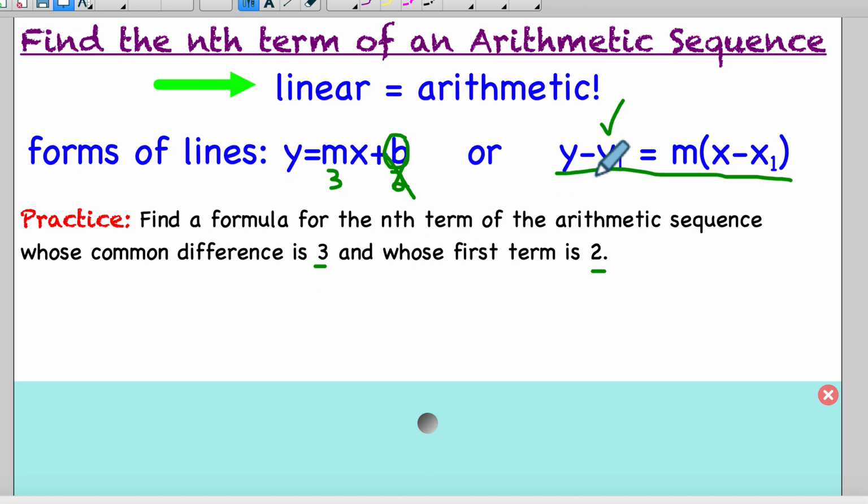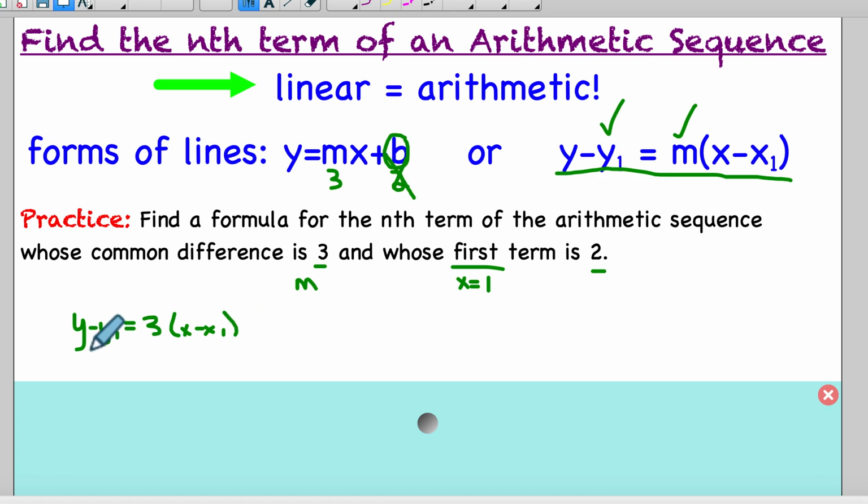So, right, it's y minus y1. Again, the first term is like an x value of 1. Now it's really an n value of 1, but we're going to think of this in terms of lines with x's and y's instead of n's and whatever the a value is, right? So in this case, I know that my common difference is 3. That's the same thing as my slope. So I'm going to say y minus y sub 1 is going to equal 3 times x minus x sub 1, right?